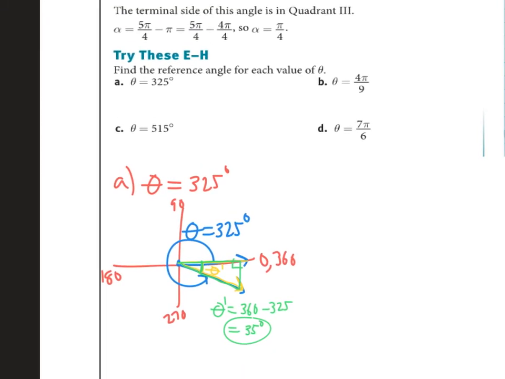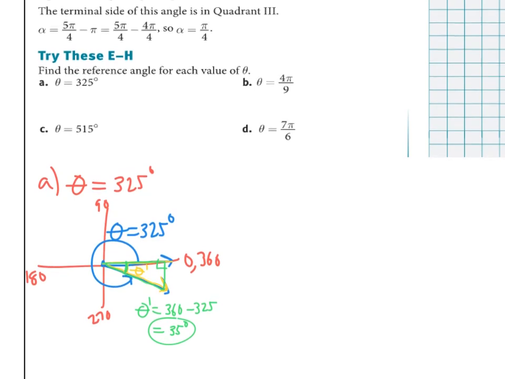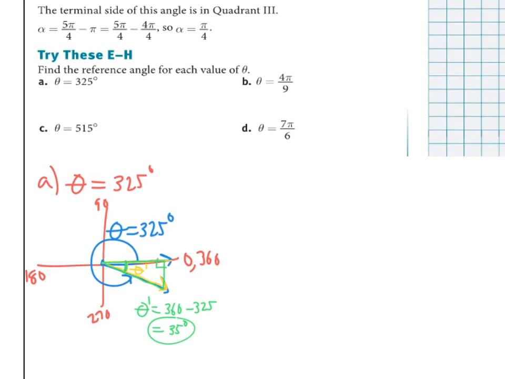Okay, let's do a couple more. Let's do part B. At this point, if it's in radians, let's just convert it to degrees, just to get more comfortable. So to take the 4 pi over 9, I know it's radians because it has a pi, let's multiply by the conversion factor of 180 over pi.